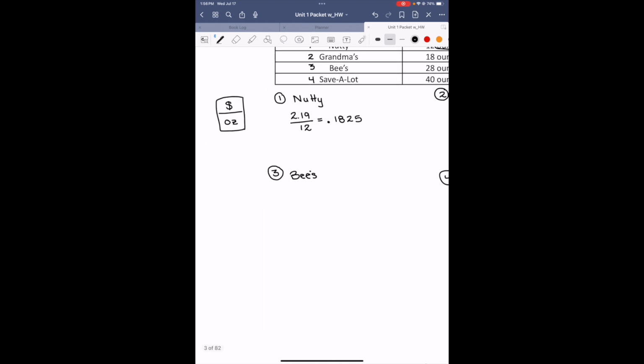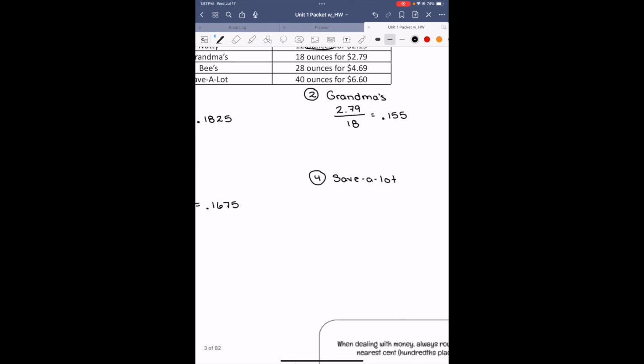For Bees, $4.69 for the 28 ounces. So when we divide, 0.1675. And the last one, Save-A-Lot, is $6.60 for 40 ounces. And this was 0.165.